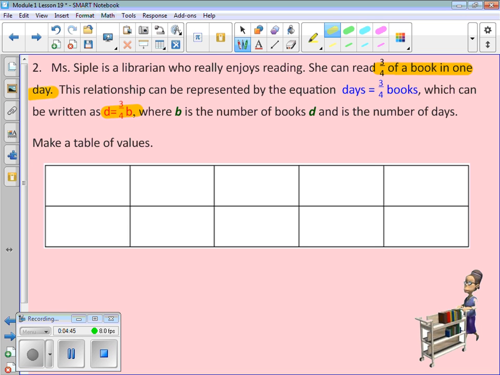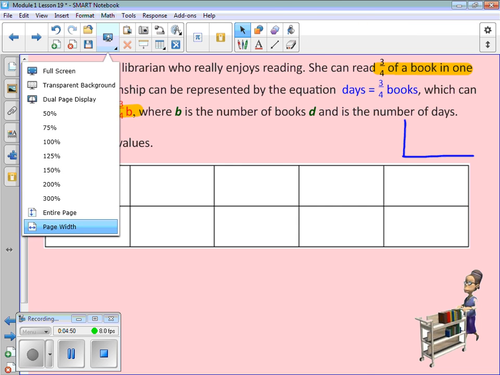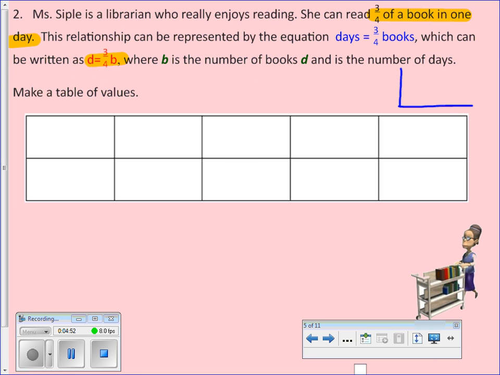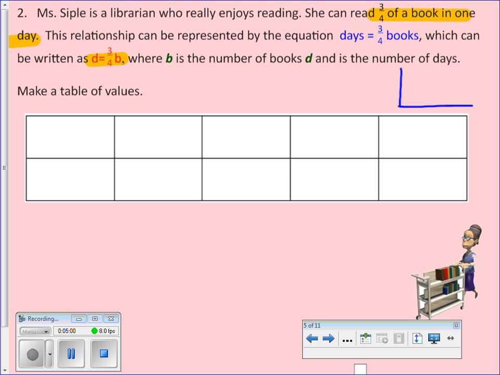So let's make our little key here first. What 2 things are being compared in our ratio? Days. Right, so we have days to books. And what do I know about my days to books? Right.